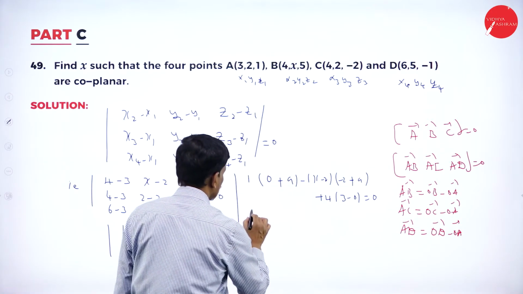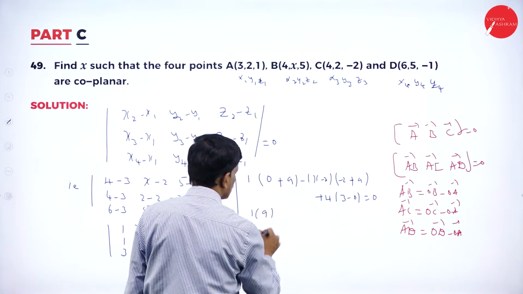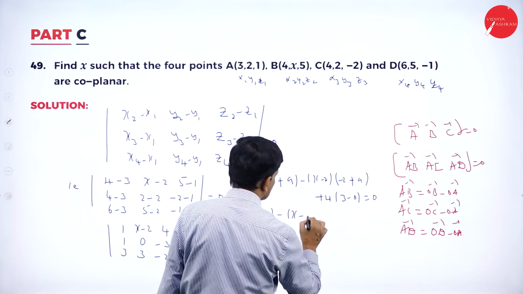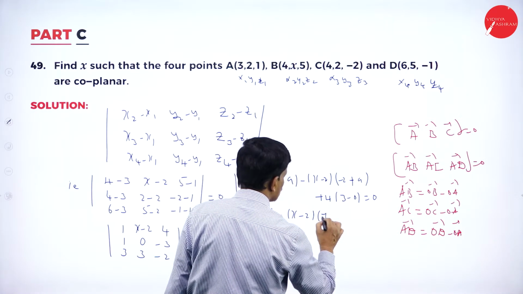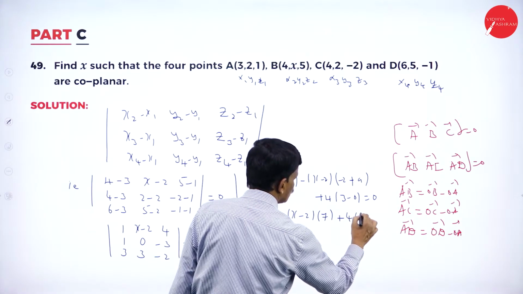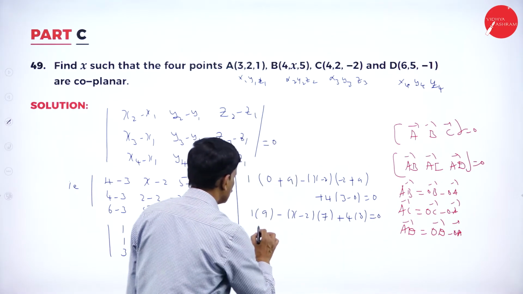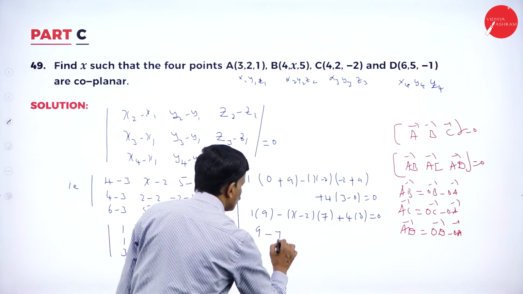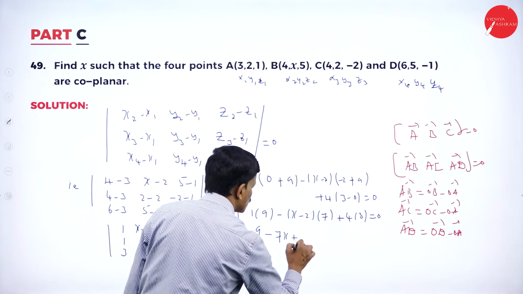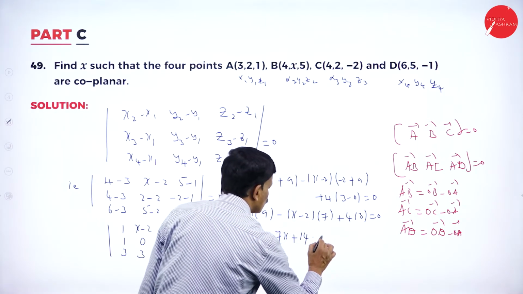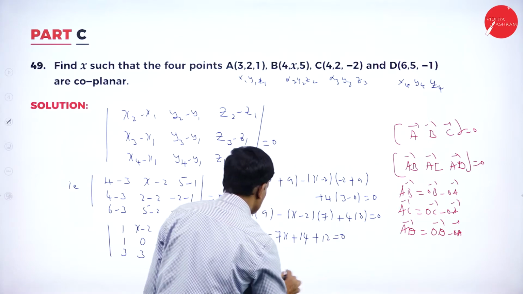So 1 into 0 plus 9 is 9, minus x minus 2 into 9 minus 2 is 7, plus 4 into 3 is equal to 0. This is 9, 7 into x is 7x, minus into minus plus, 7 2s are 14, plus 4 3s are 12 is equal to 0.